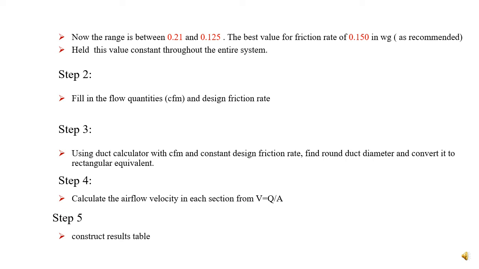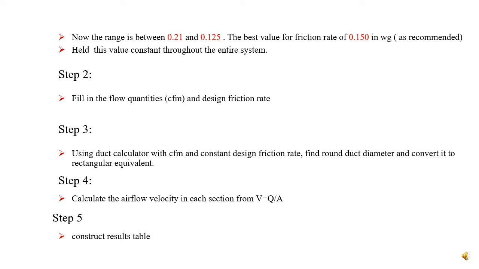For example, in this case, we choose 0.15 as recommended normally in industry. And we use this value throughout our entire system. Let's say this system is a normal system, with no special case, no chemicals used, and so on.